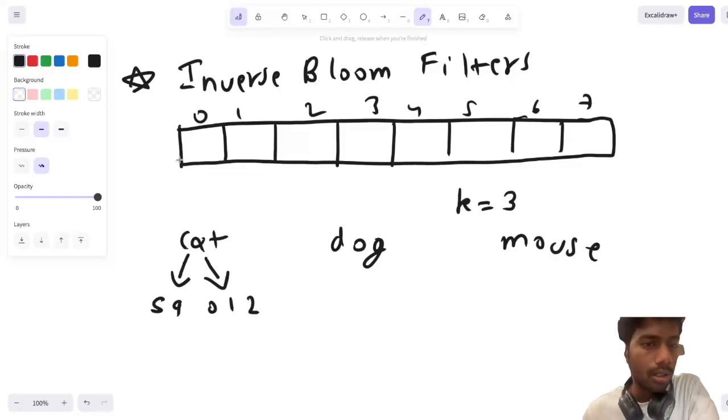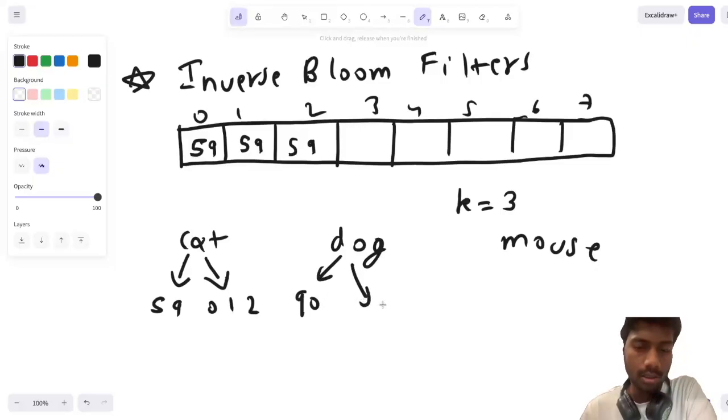To store cat in this array, in these indices we store the fingerprint, that is 59, 59 and 59.